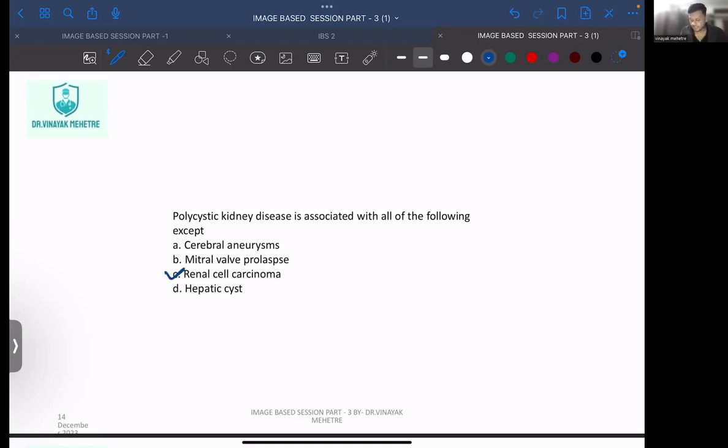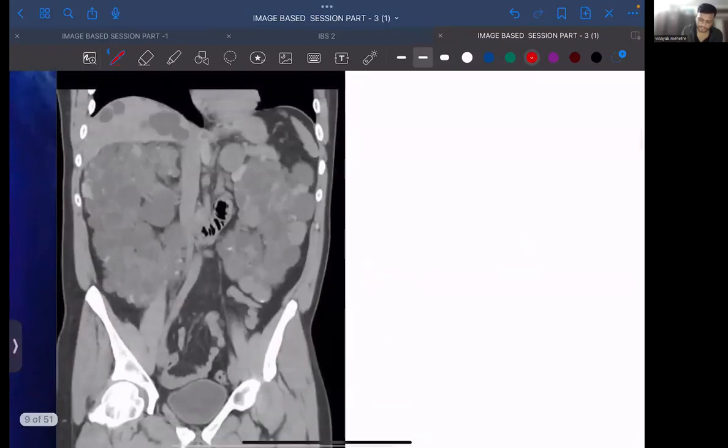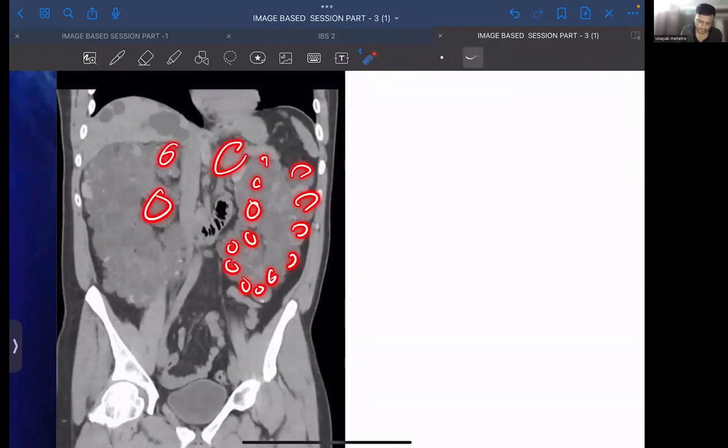It is associated with renal stone, and kidney stone, which we call renal lith. Okay, renal lith, that means kidney stone, right? We have discussed this in the last class. If you are going to get a CT scan, you will see so many round follicles in the kidney.